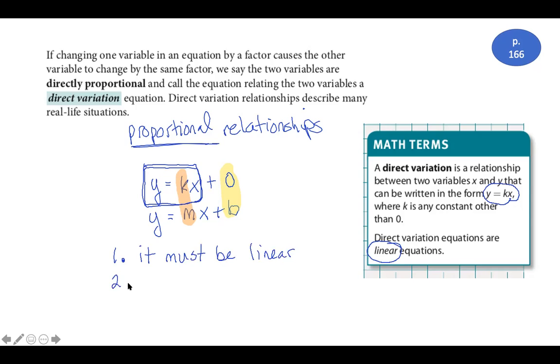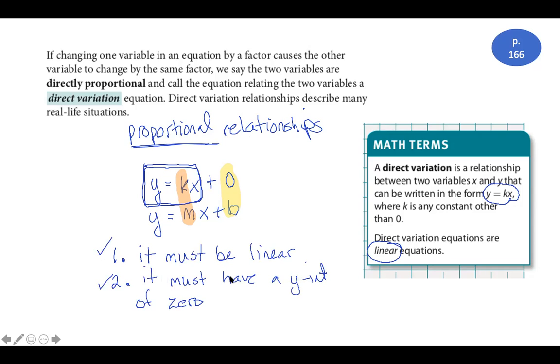Number 2, if it's a proportional relationship, it must have a y-intercept of 0. That's it. If it meets these two criteria, it is a proportional relationship. So all proportional relationships are linear. They have to be linear.